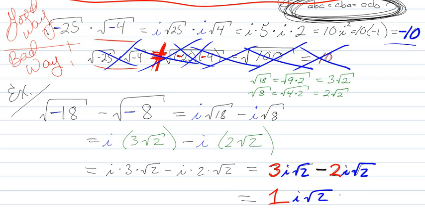But I don't actually need that 1 because the 1 is just a placeholder. So I've got 1 times i root 2, but that's really just the same thing as my more subdued and elegant i root 2. In a problem like that, my solution would just be i root 2.